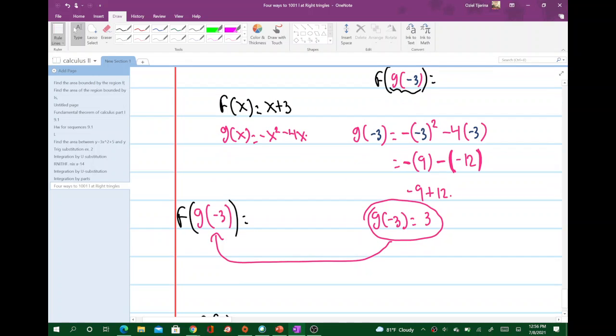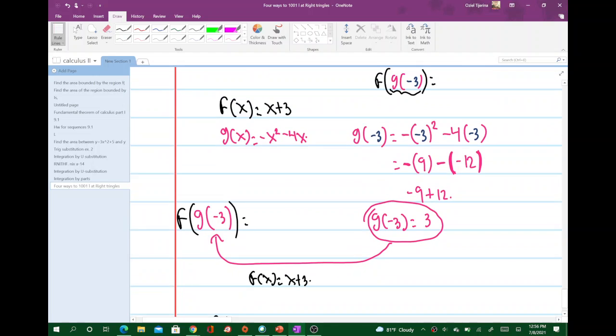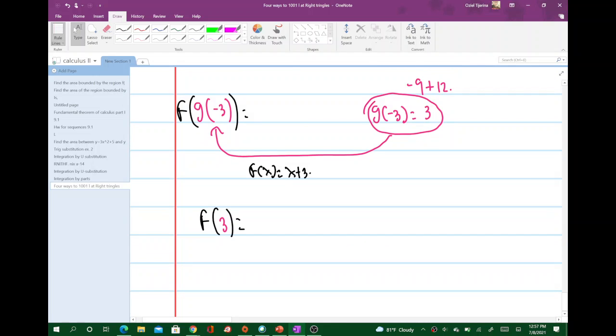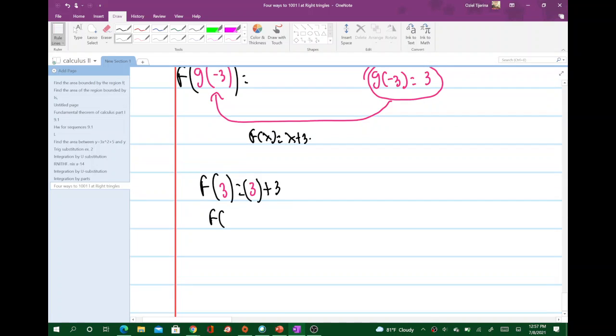And what is f of 3? We know that f of x is equal to x plus 3. So f of 3 is going to be the quantity 3 plus 3. So f of 3 is 6, right?